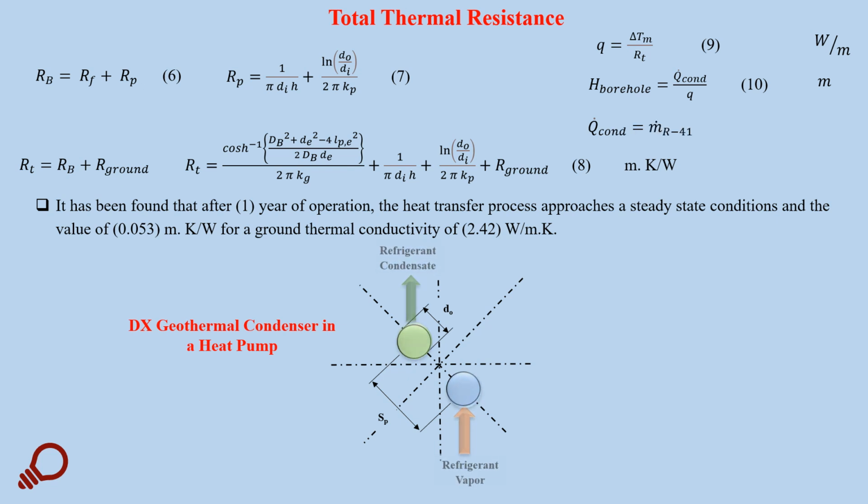And the Q condensation will be calculated from the condensation of Freon R410A by multiplying the mass flow rate by the latent heat, and that will be represented in equation number 11. From these equations, we may estimate the Q value, which in fact represents the heat loading of the heat exchanger.